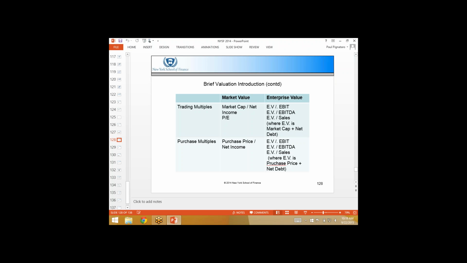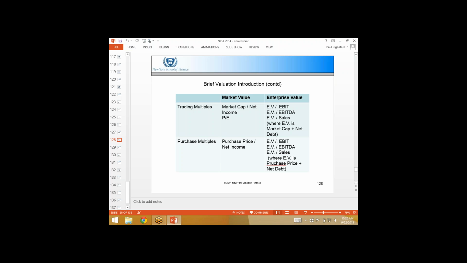Market value as an absolute number might not have meaning when comparing to other businesses, but the market cap in relation to the net income being produced, or the PE, is something that we can use as a comparison. So multiples are used to compare approximate values between your company and other companies that are similar in size, product, scale, scope, and geographic scope.